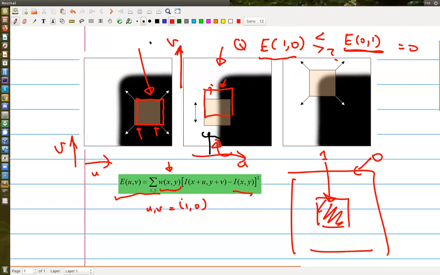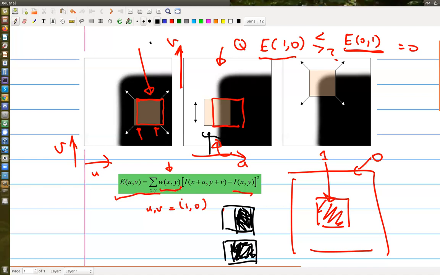But if I move in this direction instead, E10, let me draw it. I have the original patch more or less like this, and then I have the final patch like this.